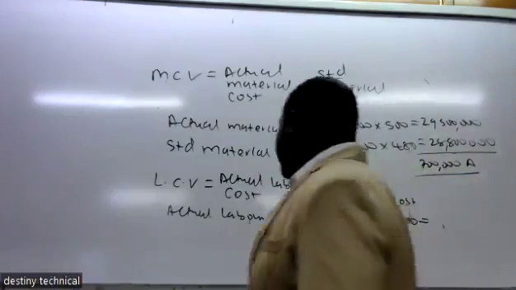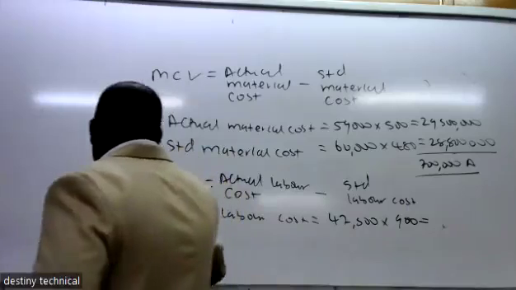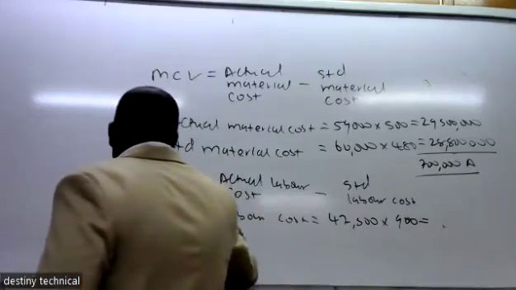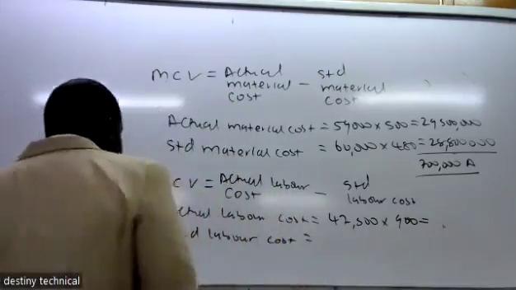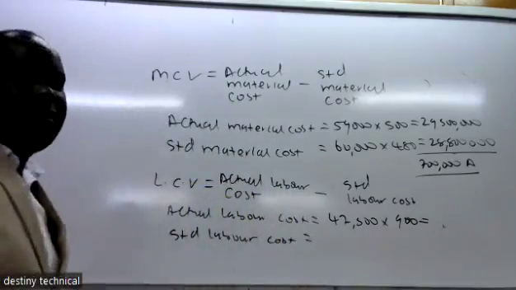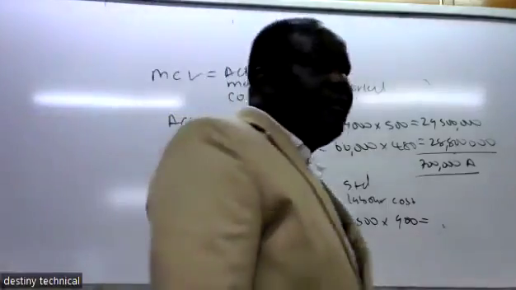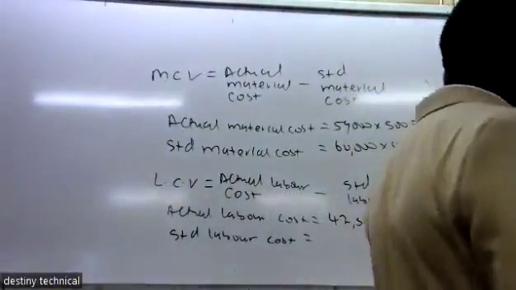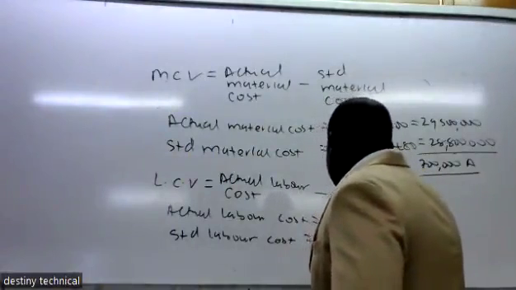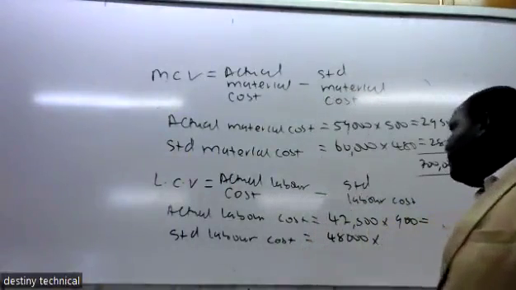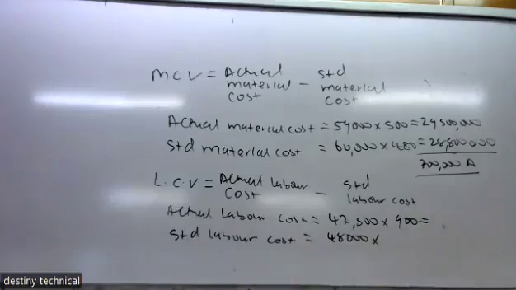Then there is also the standard labor cost. You calculated the standard labor hours, you got to which figure? 48,000, multiplied by the standard labor rate, which is 800.